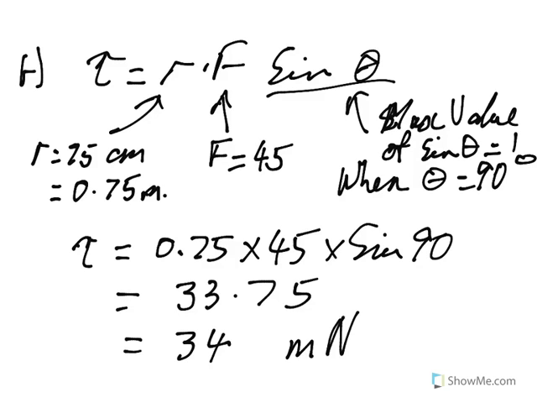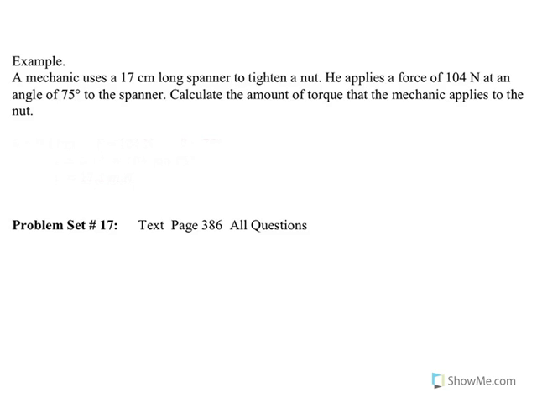All right, one more example. A mechanic uses a 17 centimetre long spanner to tighten a nut. He applies a force of 104 newtons at an angle of 75 degrees. Calculate the amount of torque.